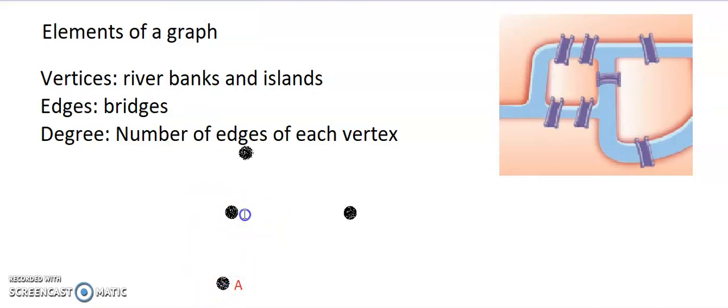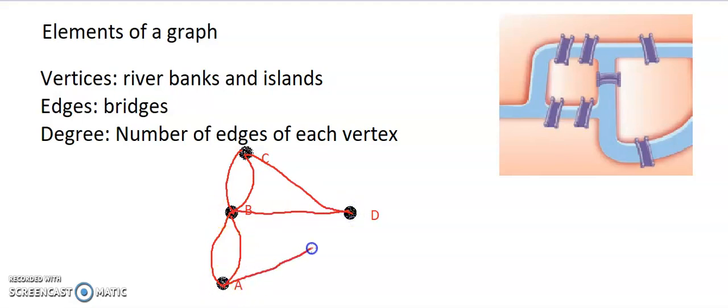I've got vertex A, vertex B, vertex C, and vertex D. So I had 2 pathways, 2 edges from A to B, 2 pathways between B and C, a pathway connecting C and D, a pathway connecting B and D, and a pathway connecting A and D.